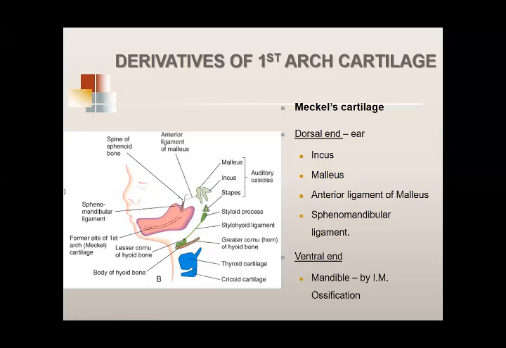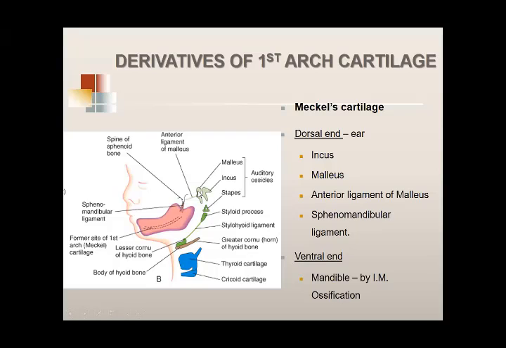Excuse me. I repeat once again. Dorsal end से शुरू करें cartilage का. The dorsal end of the cartilage that breaks into these small broken pieces of the cartilage posteriorly, they develop into two bones of the middle ear cavity, कान की दो bones, incus and malleus.